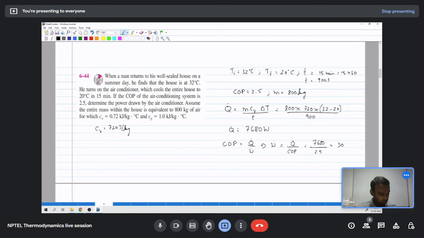So that is 3072 watts. I hope this problem is clear.